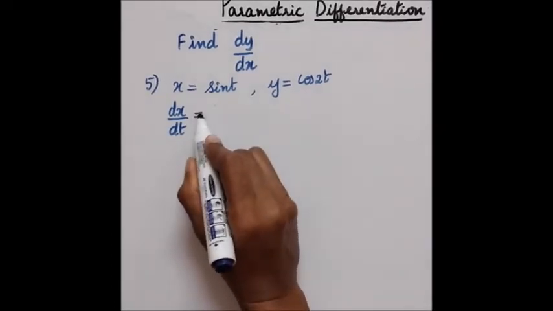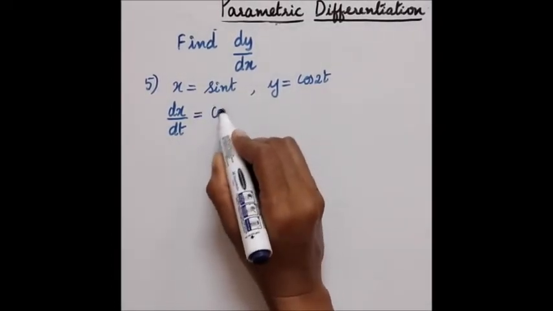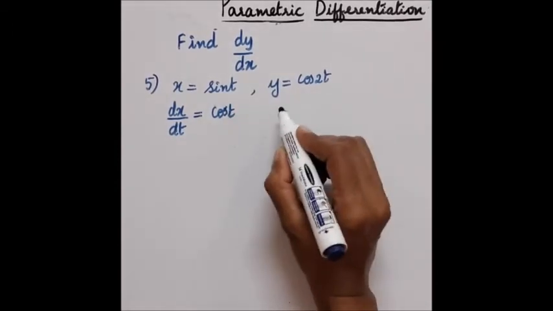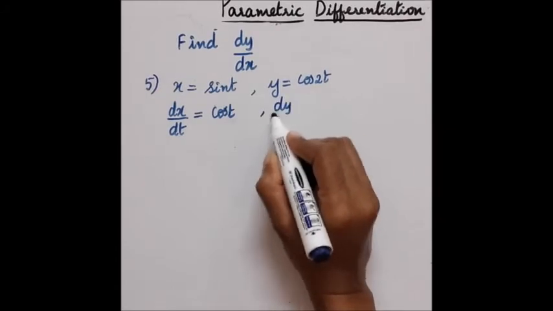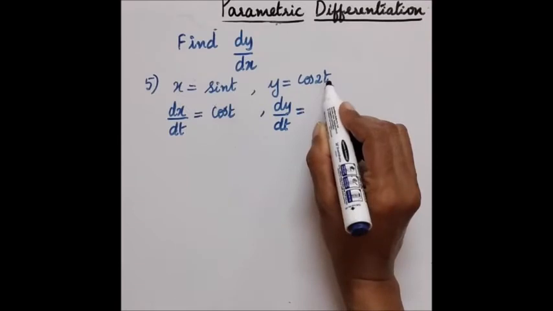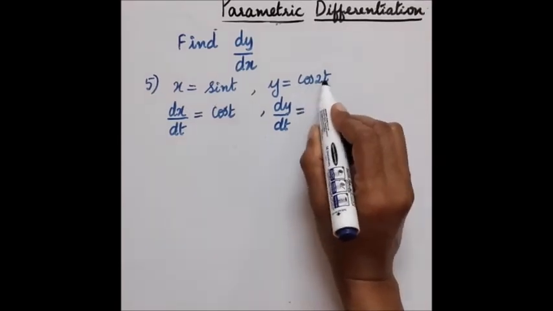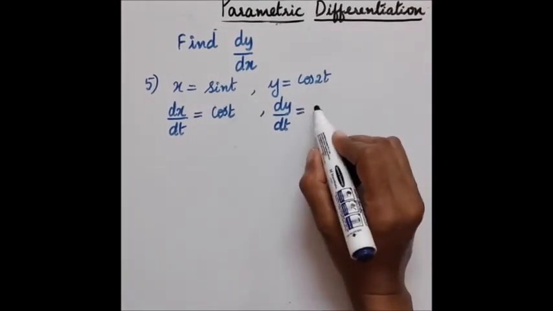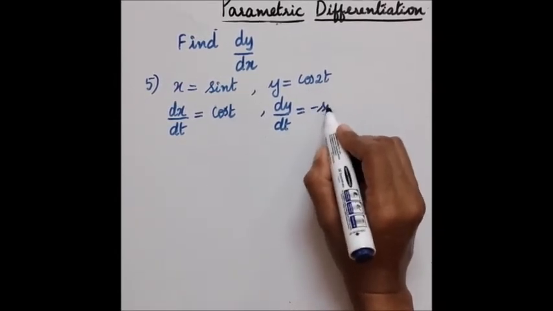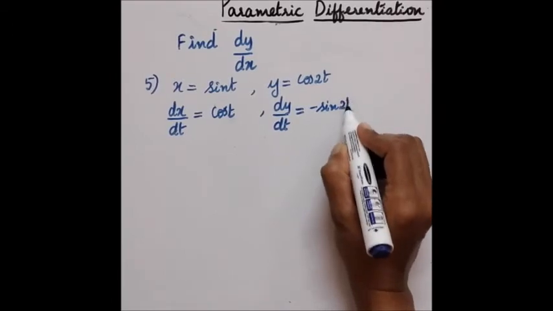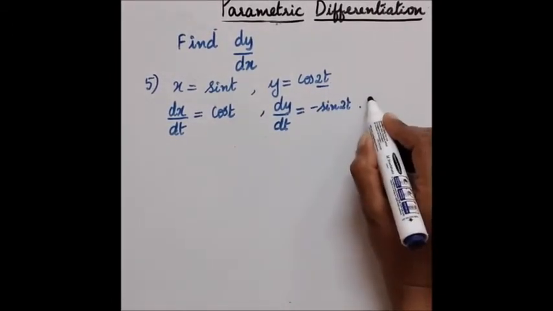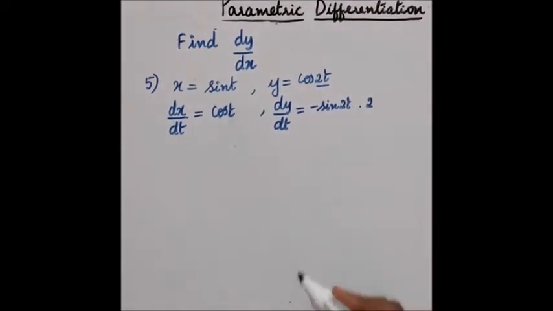So dx by dt is cos t, derivative of sine t with respect to t, and dy by dt is of cos 2t. It is a composite function, so we need to use the chain rule. Derivative of cos function is minus sine 2t into the derivative of 2t with respect to t, which is 2.